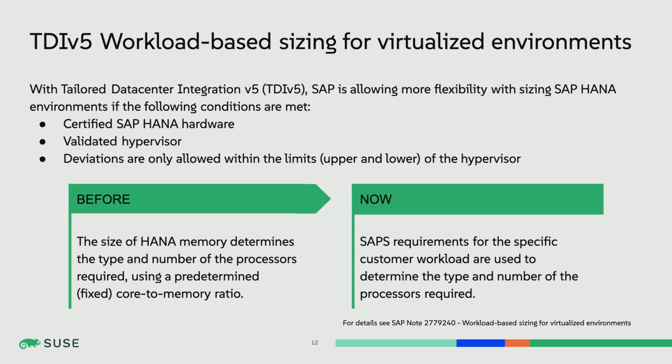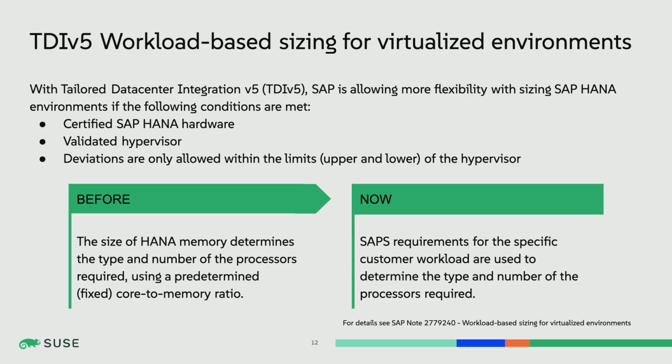What this means is that in a traditional HANA environment, you have a fixed ratio between memory and CPU power. There are only certain CPU types allowed, and there's a pretty strict architecture that is supported by SAP.